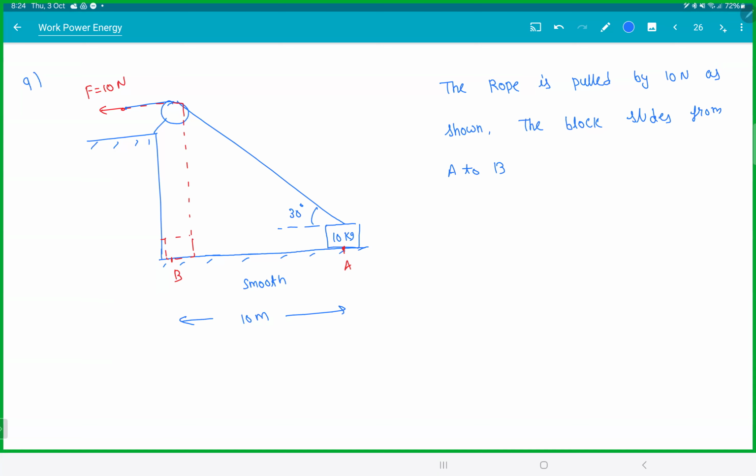A to B distance is 10 meter. I hope the diagram is clear, right? Because the ground is smooth, it will slide. And if you keep pulling, it will go and hit the wall.